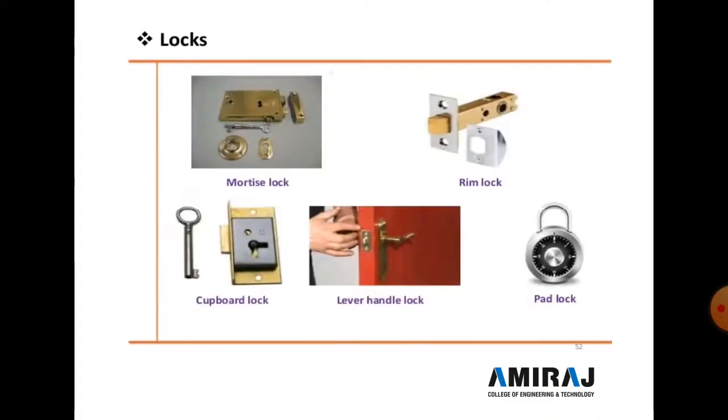Now next are locks. Locks are generally used to fix or lock the door and window with the frame. Here the mortise lock, rim lock, then cupboard lock, lever handle lock, and padlock are generally used in doors and windows. The lever handle lock is generally used in a door, and for a cupboard or furniture work, the cupboard lock is used.